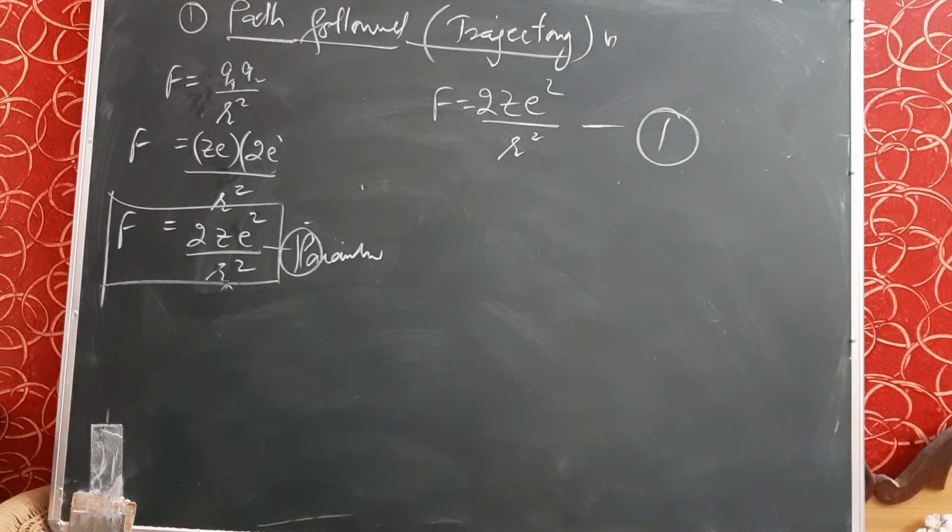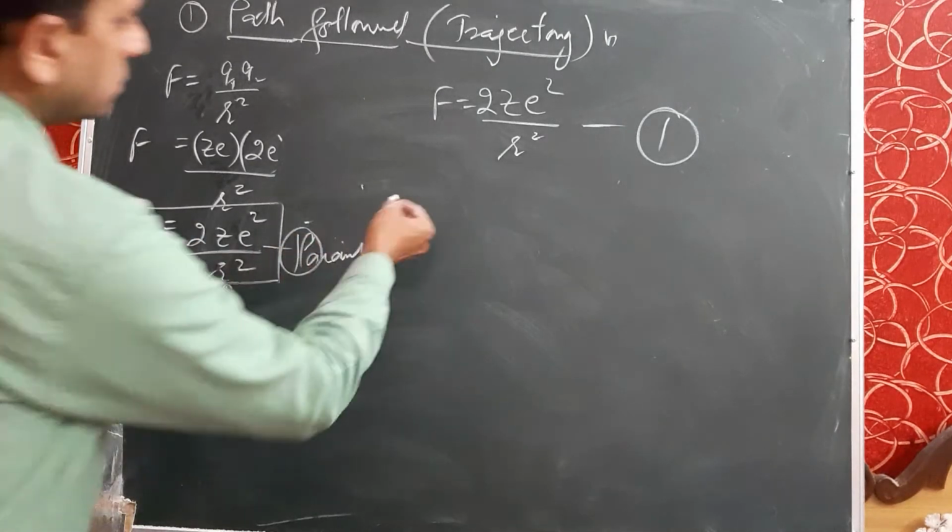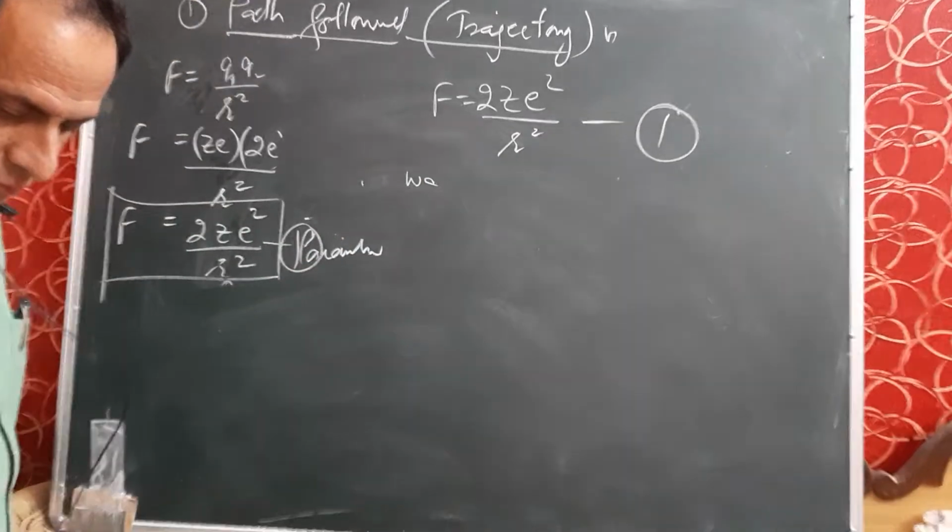We know that when a particle is moving under inverse square force, the path followed by the particle is a conic path.